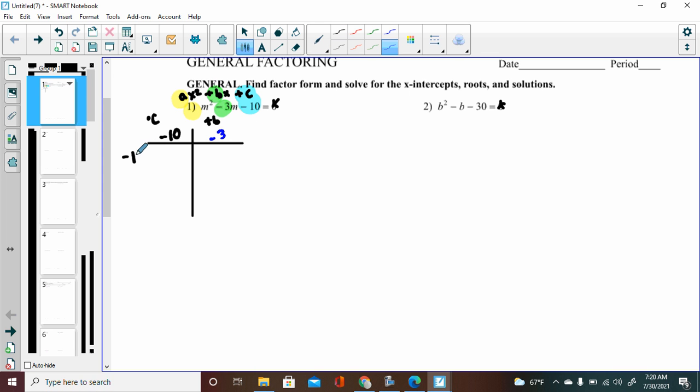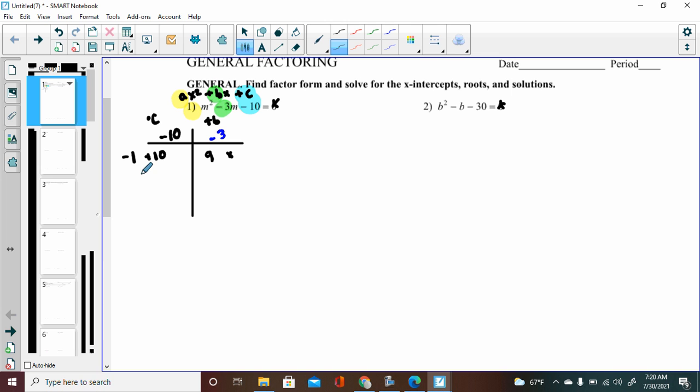I just always start with 1 or -1. It depends on what C is. Okay, so let's see, -10 divided by -1 is +10. I multiply these, yes, it equals -10. When I add these, I get +9. So this does not work.